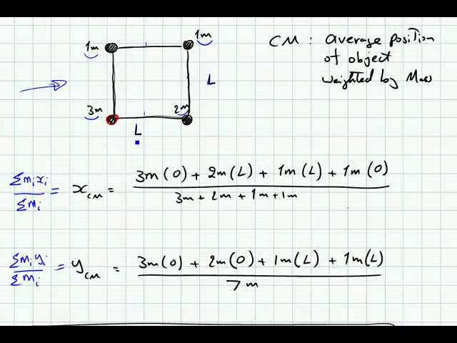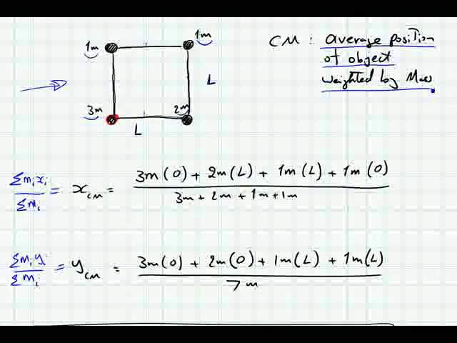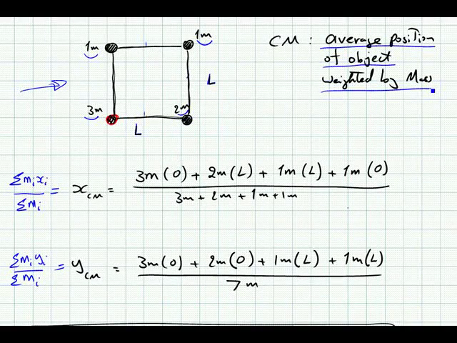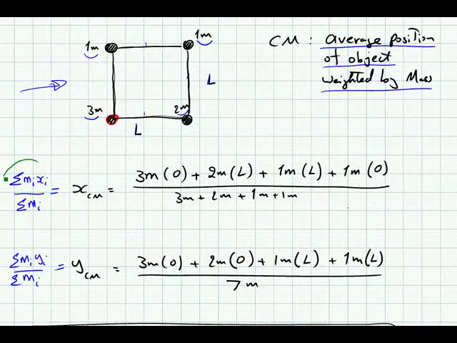Now, center of mass is the average position of objects weighted by mass, which mathematically is given by this function right there.